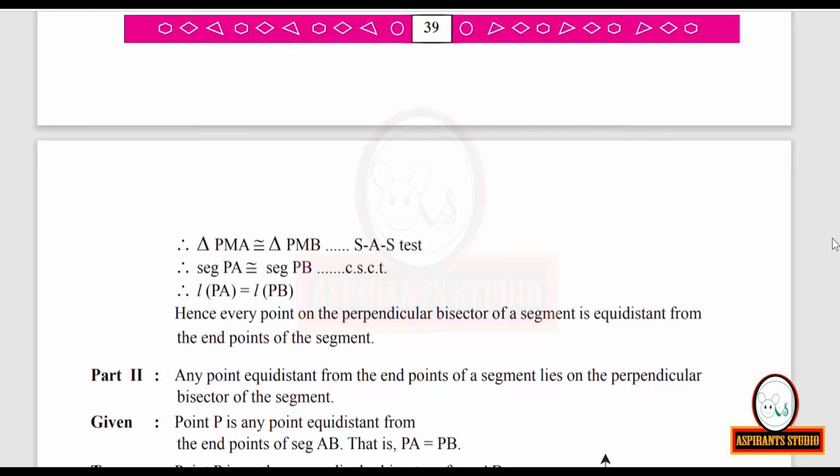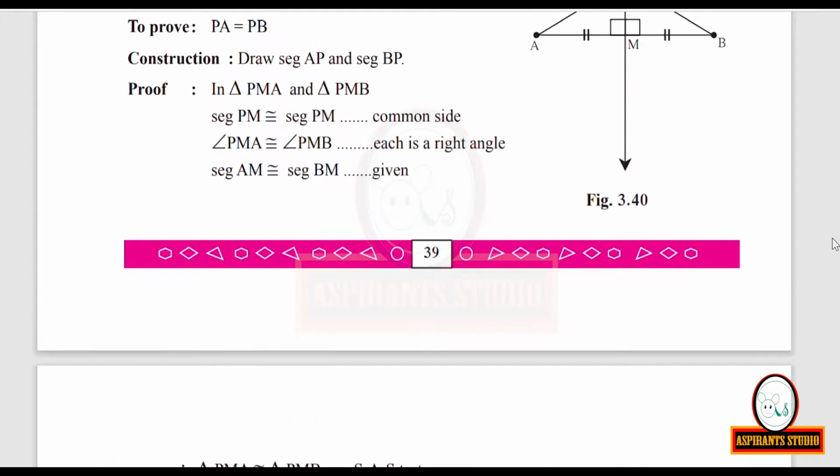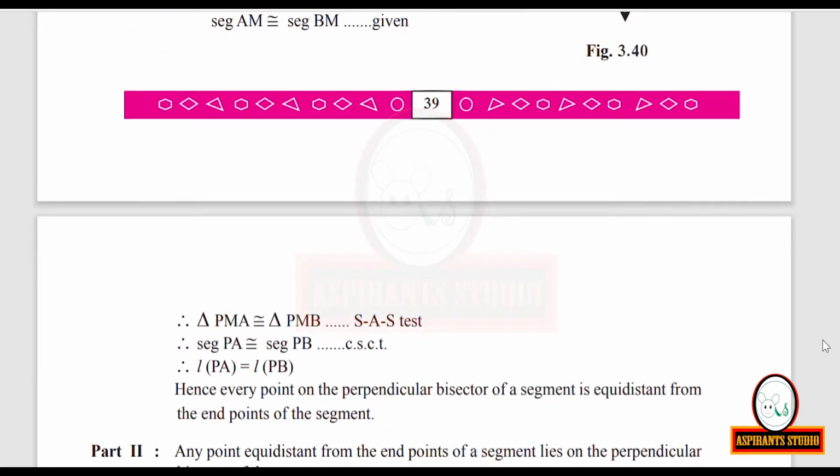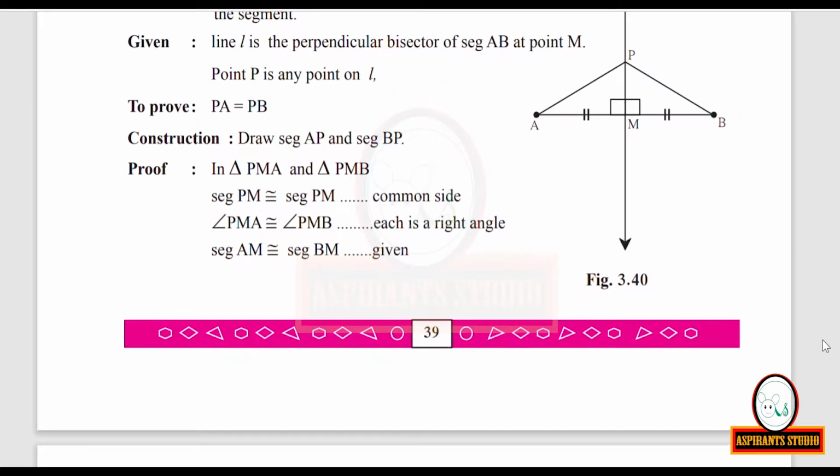Now the corresponding sides of congruent triangles: we already took segment PM and segment AM for triangle PMA. So what is left out? Segment PA is left out. Now segment PA will be congruent to segment PB, corresponding sides of congruent triangles.